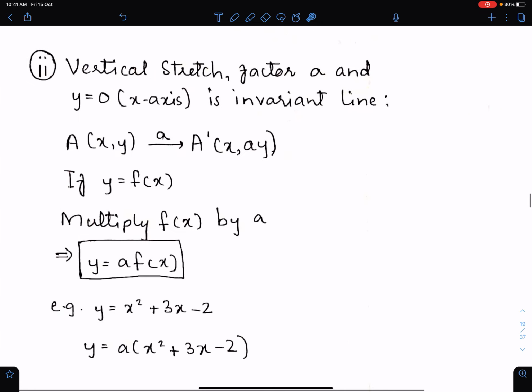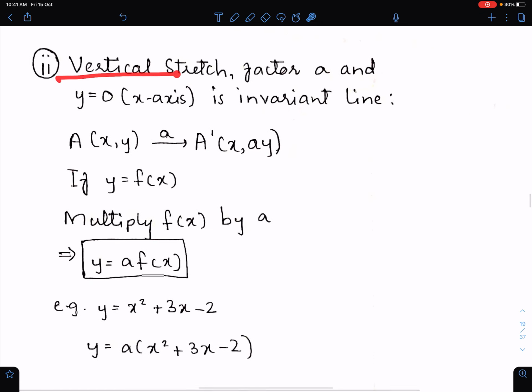Vertical stretch. Vertical stretch, factor A, and the x-axis is invariant. In vertical stretch, we use the same stretch factor to find the coordinates of the image and the equation of the resulting graph.